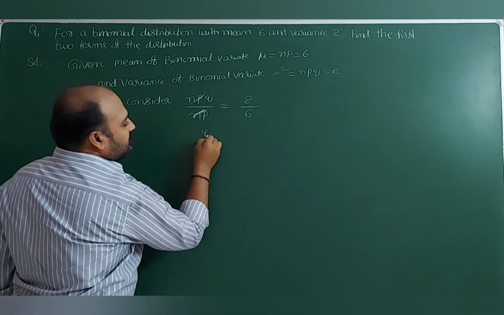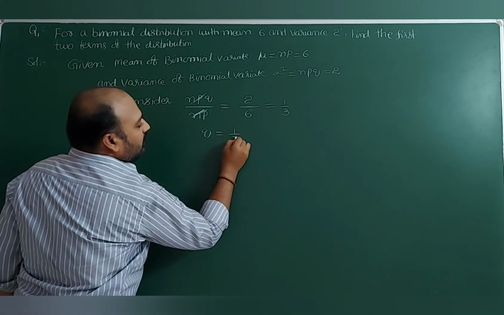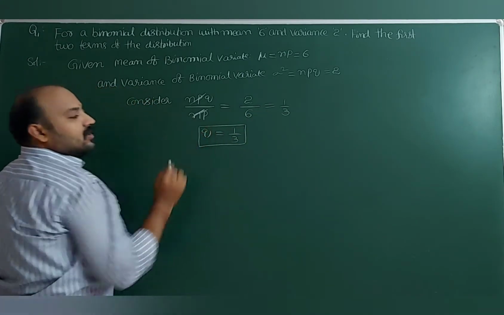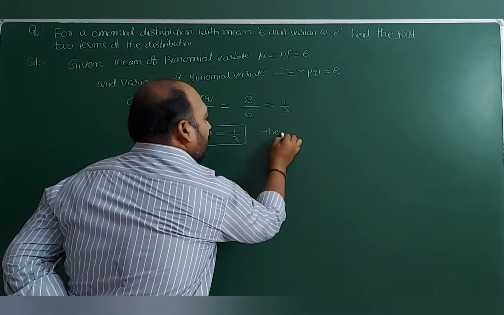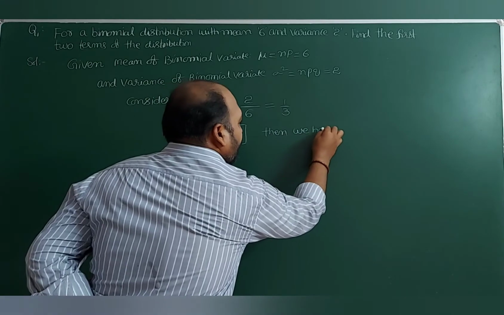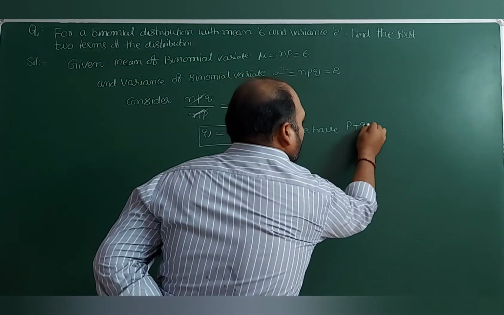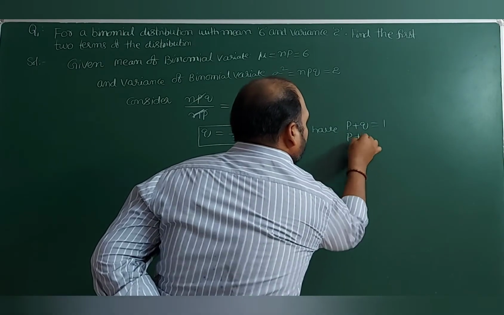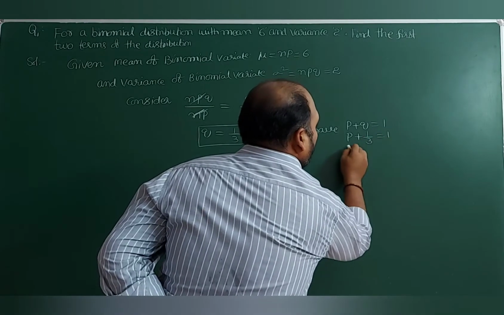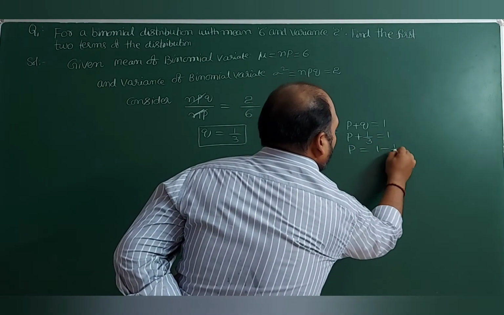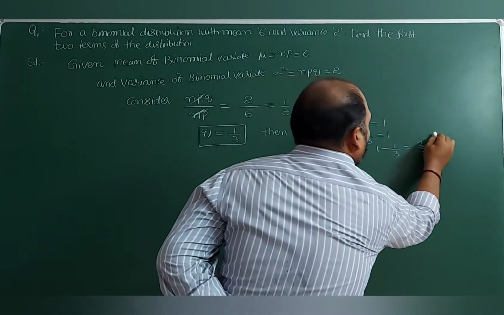So here q is equal to 2 by 6 is equal to 1 by 3. So q is equal to 1 by 3. Then we have p plus q is equal to 1. So substitute q value 1 by 3 here. So p is equal to 1 minus 1 by 3. So p is equal to 2 by 3.